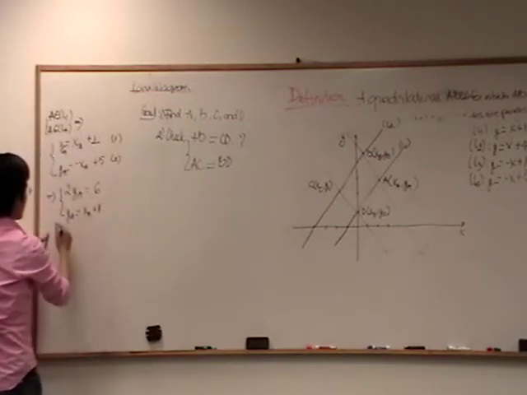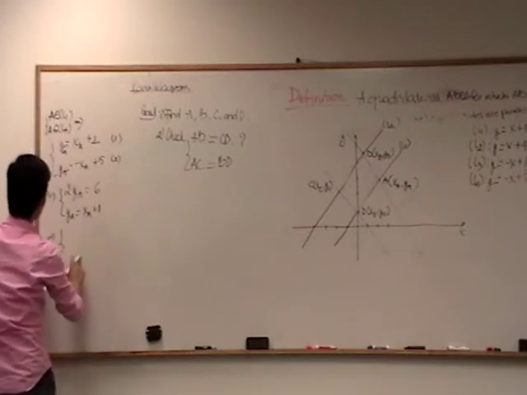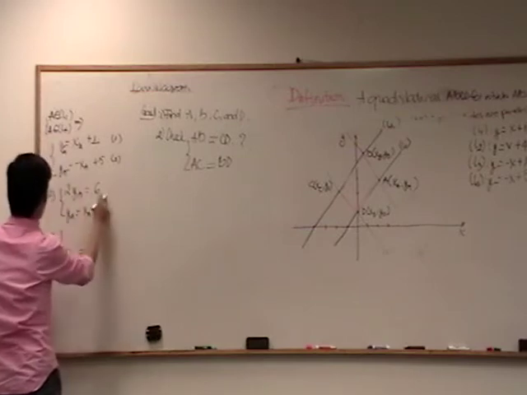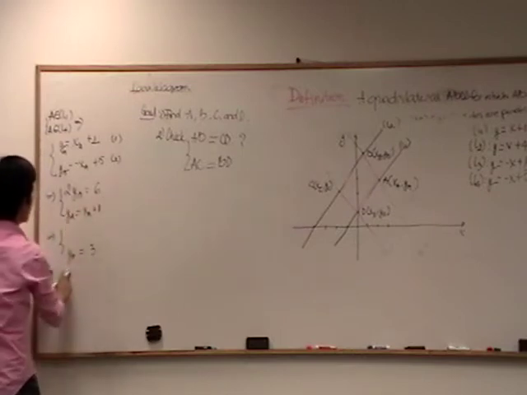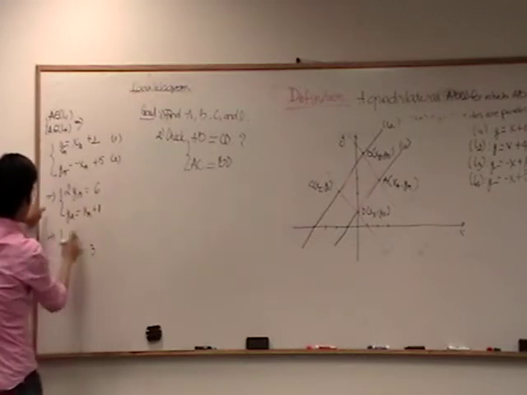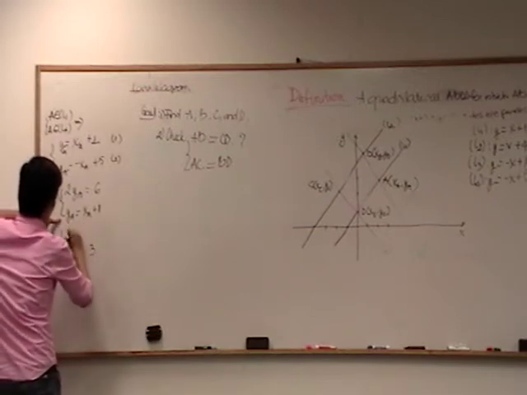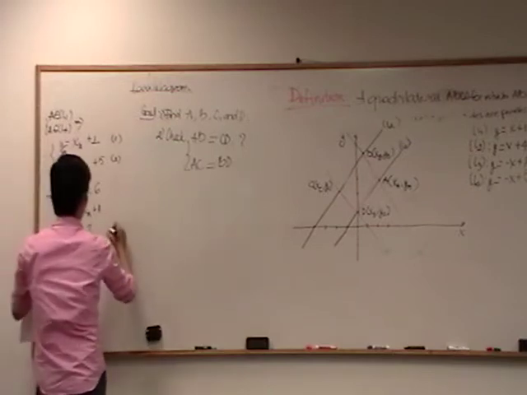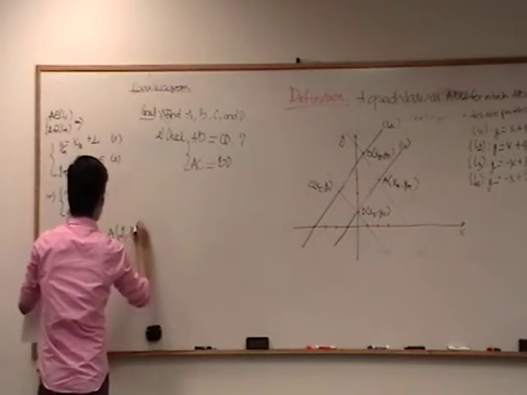So from here we have 2YA equals 6, we divide both sides by 2 and we have YA equal 3. And plugging in YA equal 3 here, we have XA equal 2.